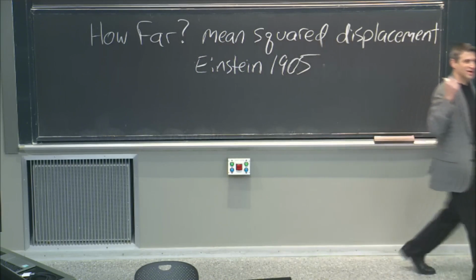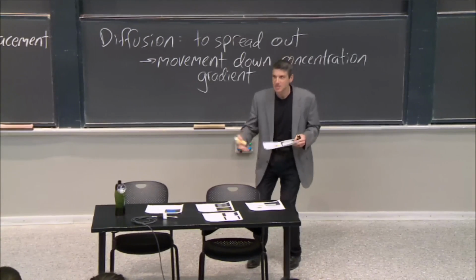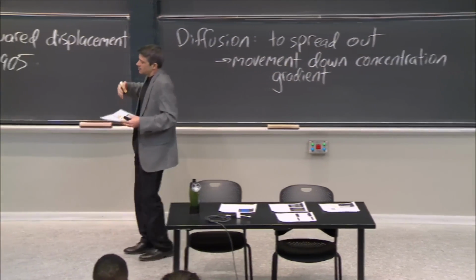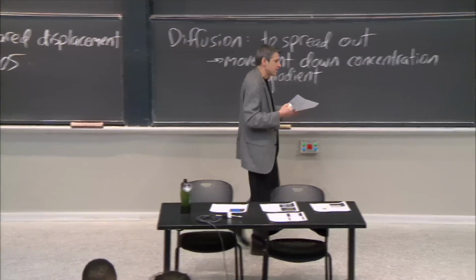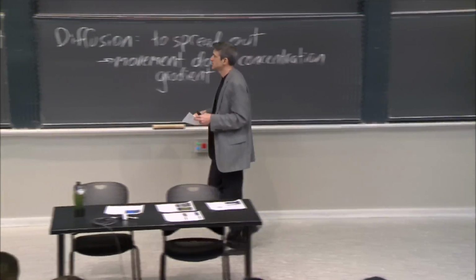Actually, this was what Einstein did for his dissertation. His PhD work was on this topic. It was on understanding how to go from these microscopic random fluctuations to some macroscopic observables.